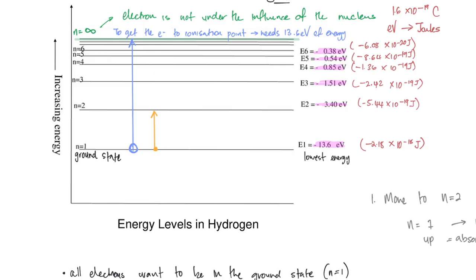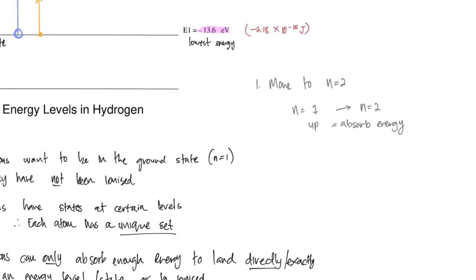Now in order for me to get there, how much energy needs to be absorbed? I'm starting at negative 13.6 electron volts at n is equal to 1, and I need to move to n is equal to 2, which is sitting at negative 3.40 electron volts.